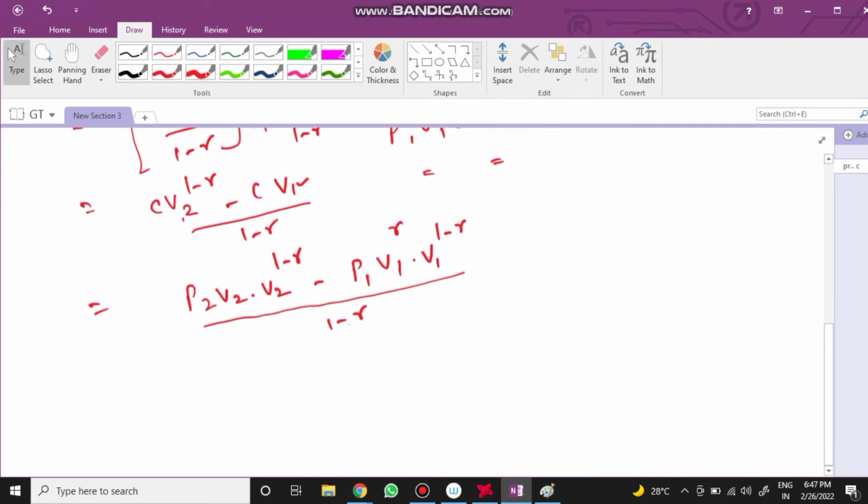You can see here that this is V2^gamma, so when you add the powers of V2, the minus gamma plus gamma is eliminated. So you are left with P2 V2, and here also P1 V1, divided by (1 minus gamma). So this is one expression to find the work done.